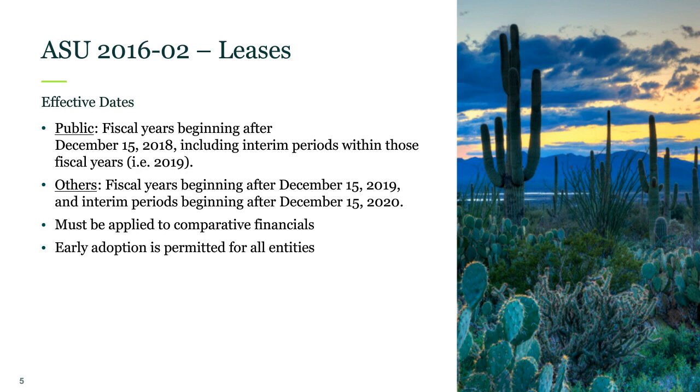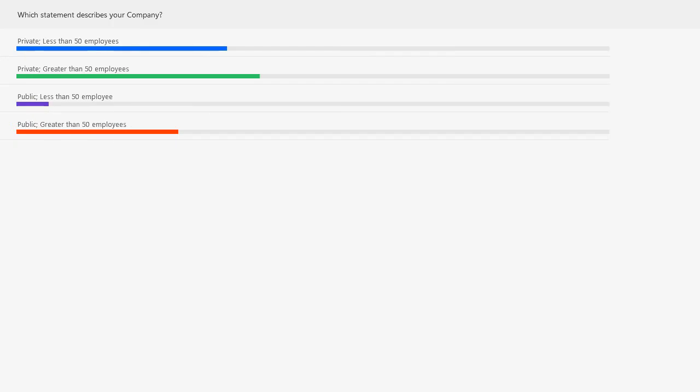To participate in our polls today, please click the button next to the answer you choose and hit submit. Give everyone a few more moments. And let's take a look at the results. Back to you.